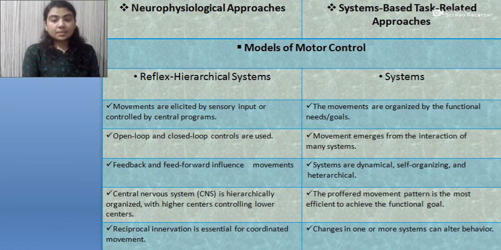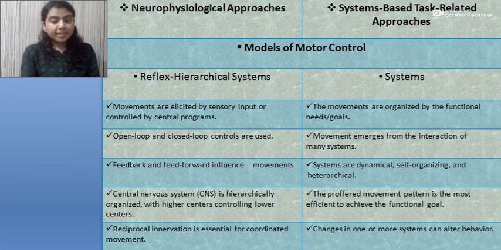If we talk about the system-based approach, then the first principle is that movements are organized by the functional needs or goals. So in this approach, it is not mandatory that the sensory input should be present. If the goal is about the necessary function, then the movements will be organized.